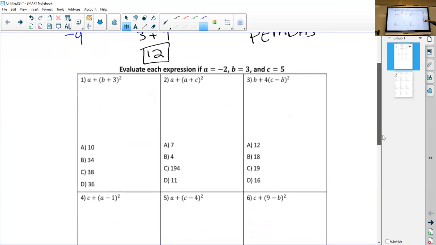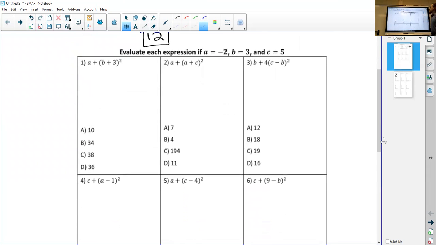So let's knock out a couple more, so we can say that we are experts at this. So a plus b plus 3 squared, if a is -2, b is 3, and c is 5. Okay, so a is -2, plus 3 squared, and we know b is also 3. So we start off with the parentheses again, so 3 plus 3 is 6.